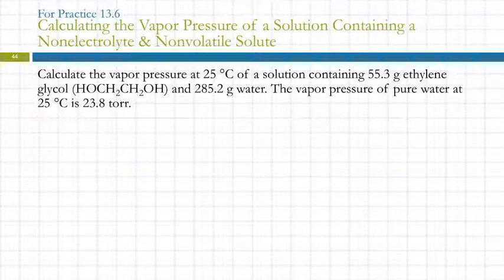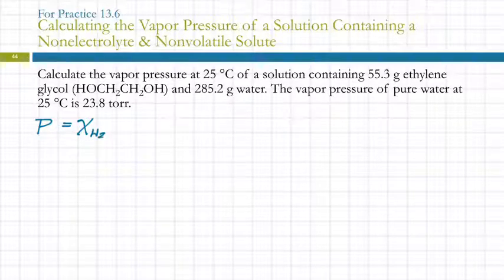So the vapor pressure is equal to the mole fraction of solvent. What's the solvent here? Ethylene glycol or water? It's water. It's the one that there's more of, almost always.